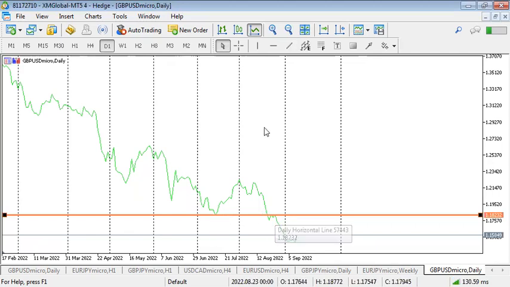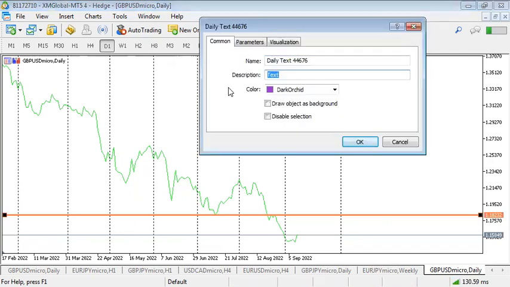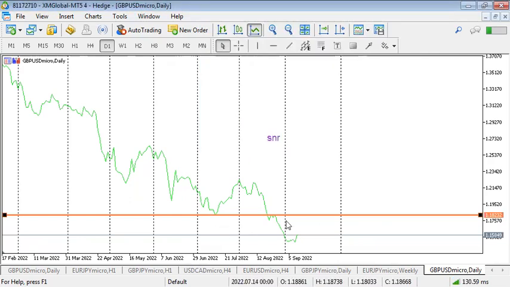So now we're going to look for supply and demand. We have support and resistance. This is support, this is resistance. Then we'll change it back to the candlesticks.